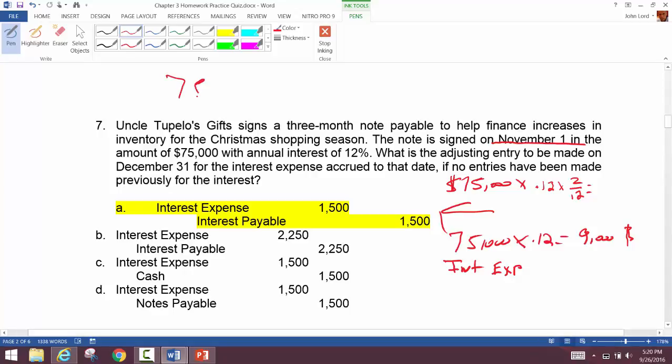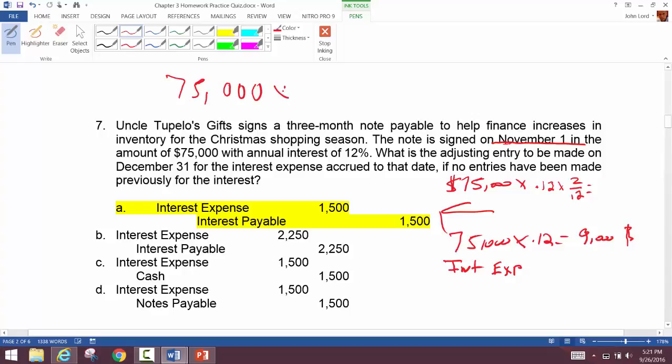Let's say I pay the guy, when do I sign the note? I signed the note November 1st, so I'm going to pay him back October 31st of the next year, right? I'm into the next year now. So I put up my interest payable at December 31st, but now I'm going to pay him on October 31st of the next year.